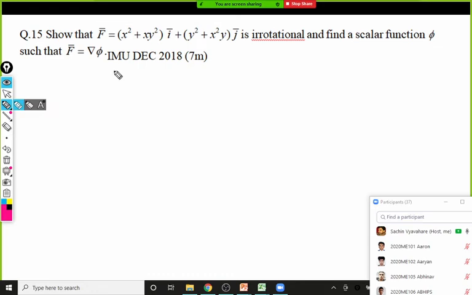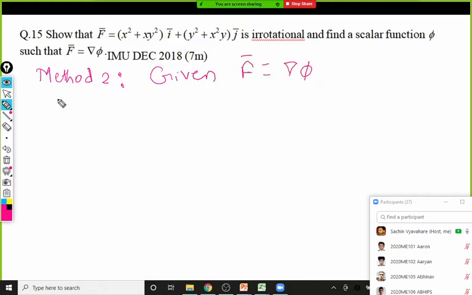So let me start method 2 here. Method number 2. Yes, we have to find a function phi such that f bar equal to del phi. So we have to find this one function phi which satisfies this condition f bar equal to del phi. Now what is the vector f bar?